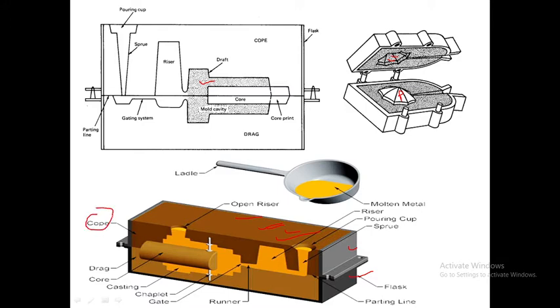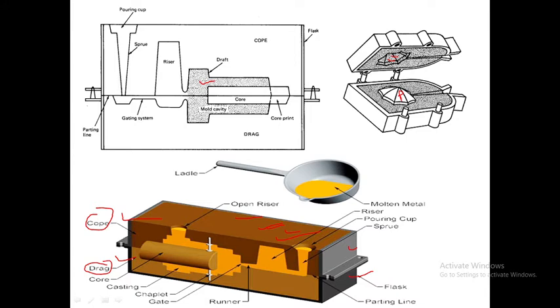Cope is the top half of the pattern, flask, mold or core. And the next terminology is drag. Drag is the bottom half of the pattern, flask, mold or core.